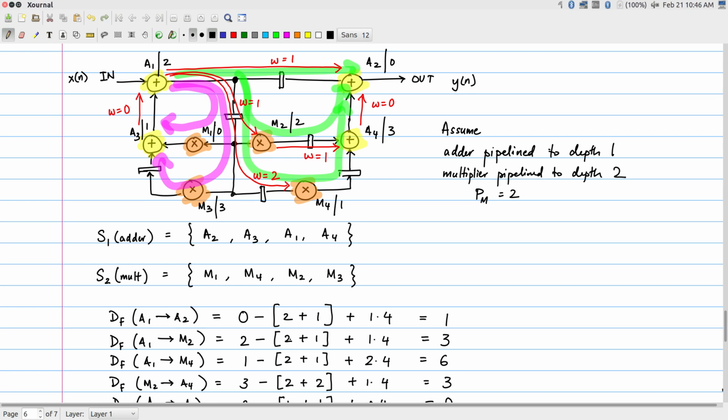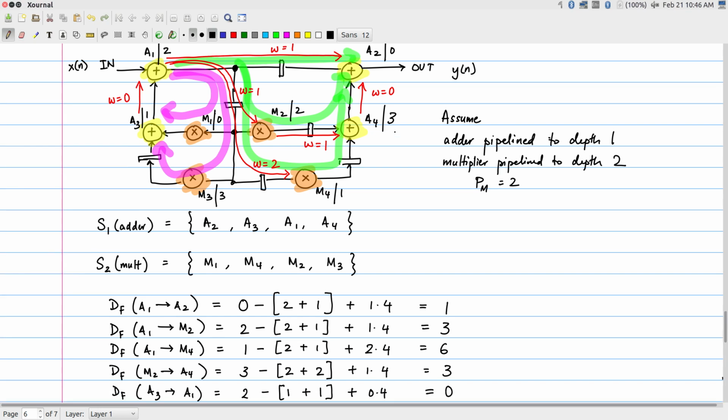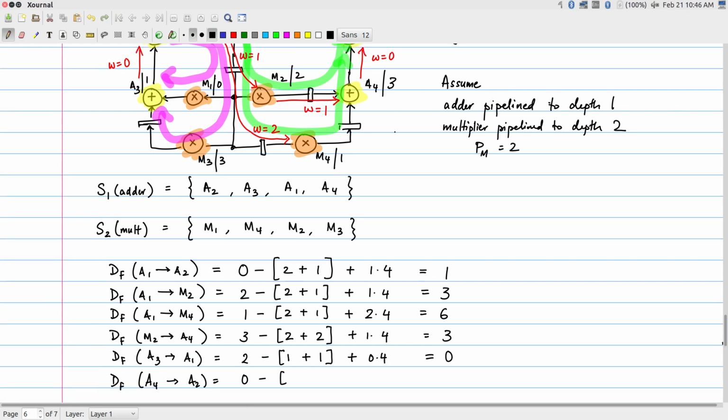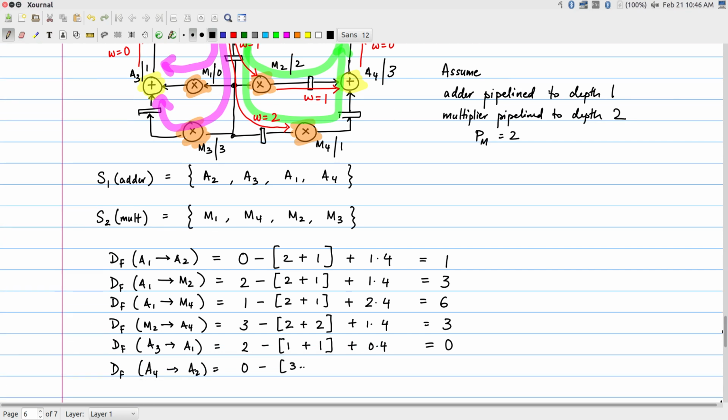This should actually have been, so in other words, actually this is a problem, right? As you can see over here, if I actually had these values, it means that there is a problem over here, right? So what I have is 0 minus 3 plus 1.